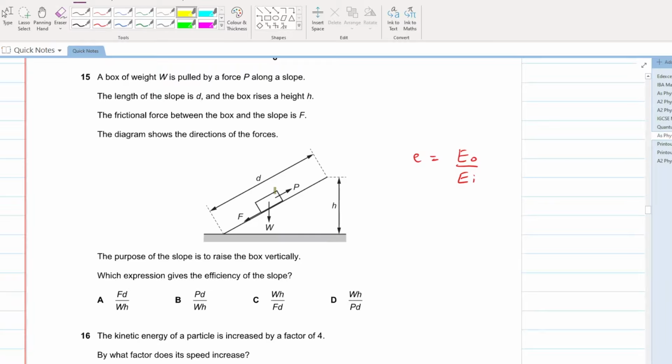You are pulling this box by a force of P along a distance of d. So, what is the energy input or what is the work done? The work done in the input direction is P multiplied by d. What is the energy output? The energy output is the gravitational potential energy that is gained, W into the height, W into h. Any answers like that? D is your answer.